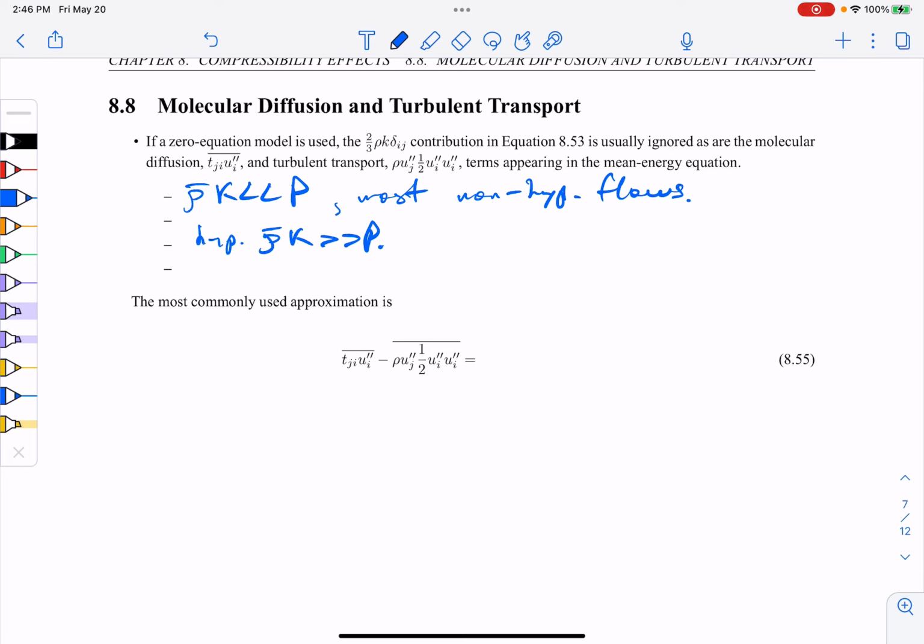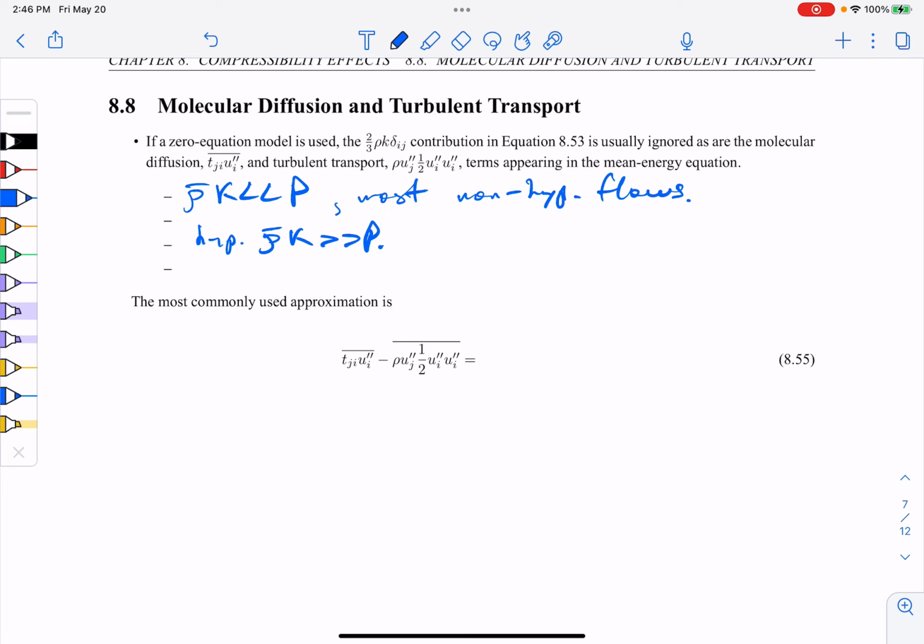And in these cases, we need to ensure that there's energy conservation of total energy, which includes k, and the closure should approximate this. And generally in one equation, two equation, and Reynolds stress models, we will try and generalize these flows with low speed closure approximations for the molecular diffusion and turbulent transport terms.